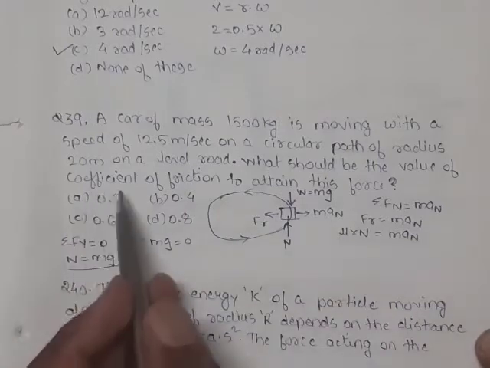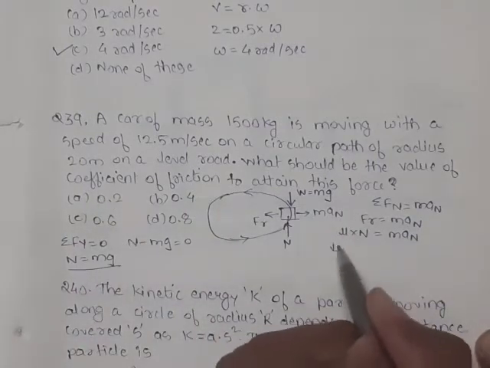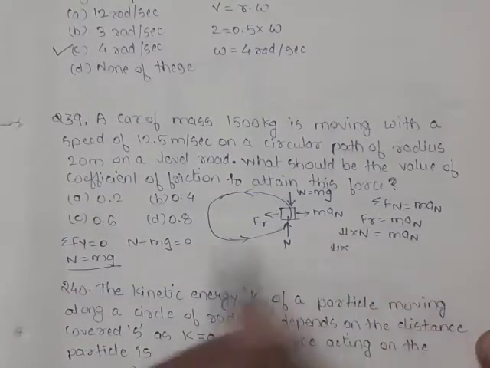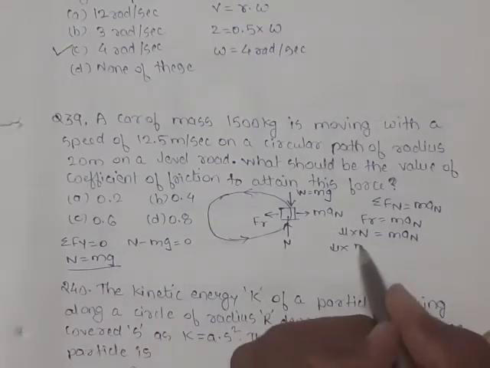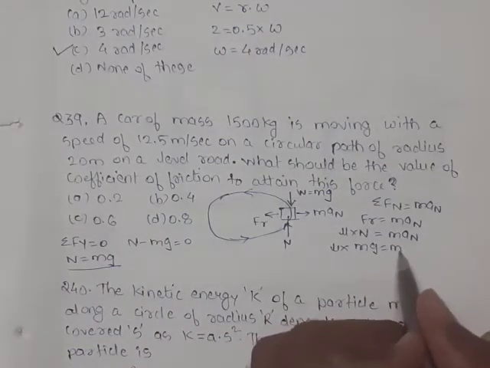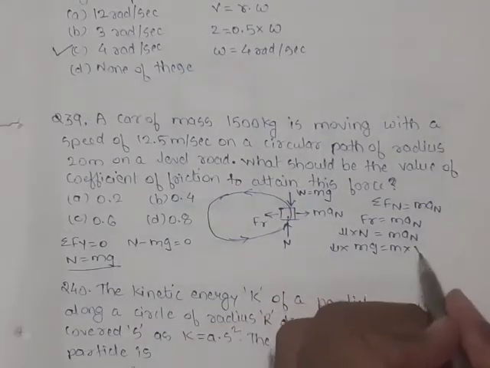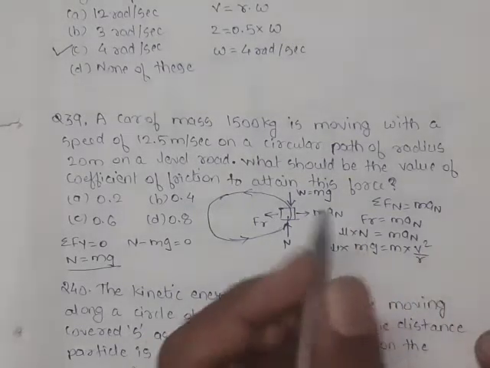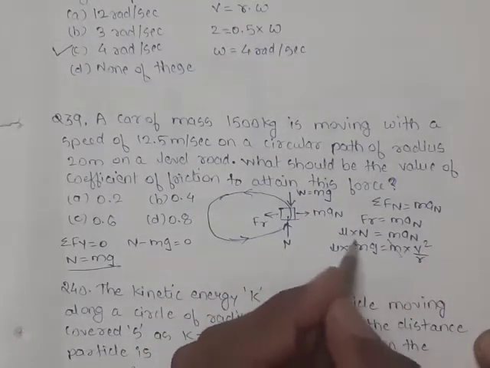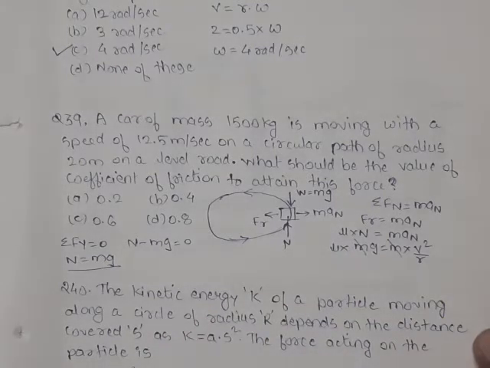The value of mu, the coefficient of friction, is asked, and N is nothing but what we already found, equal to mg. So mg equals m into an, and an is nothing but v square upon rho. An is the normal component of acceleration, so v square upon rho. From here I am cancelling m on both sides.